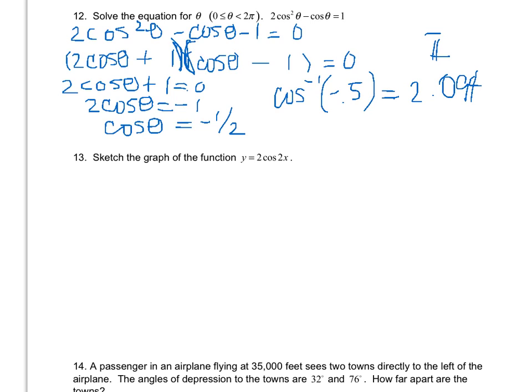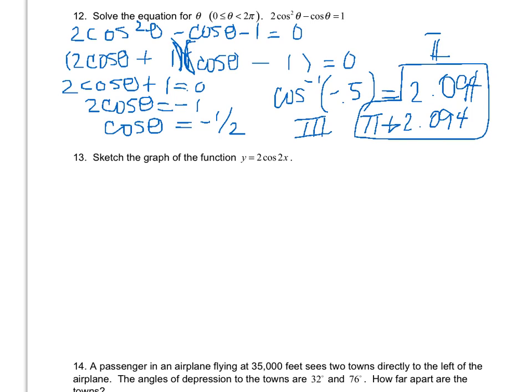So how would I get the quadrant 3 answer? The quadrant 3 answer is pi plus 2.094. And those are your two answers for theta for that first part. Now you still have this other factor right here.